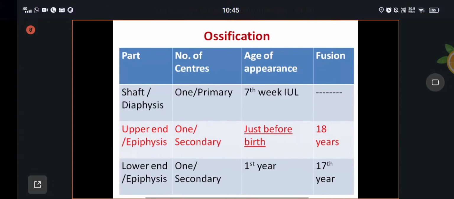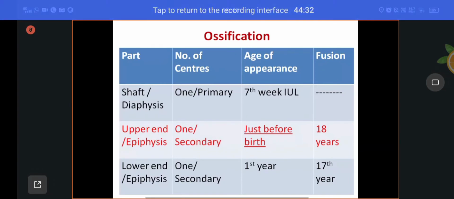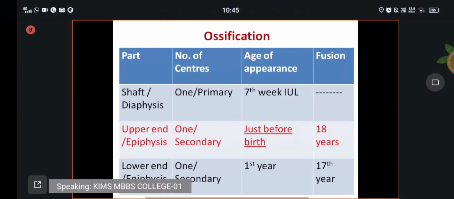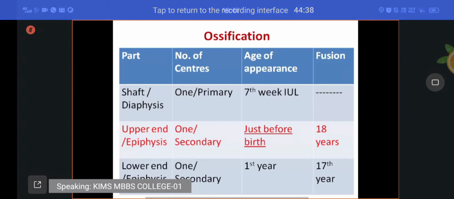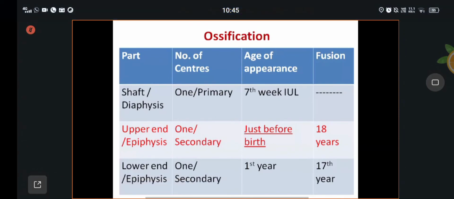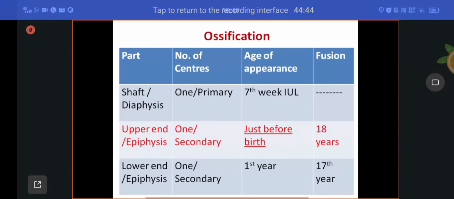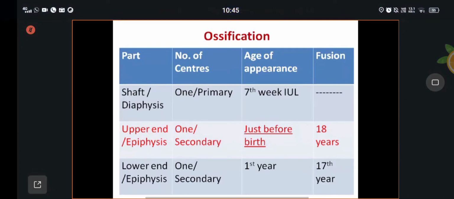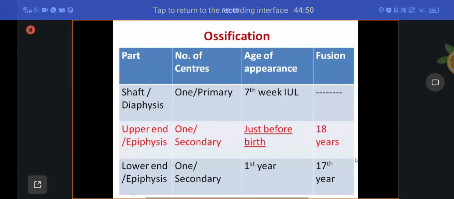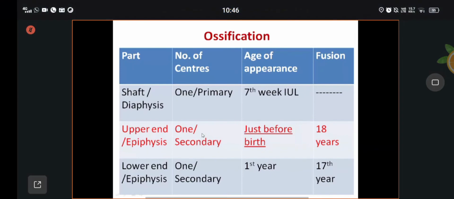If you take the humerus, there is one secondary ossification center for the lesser tubercle, one for the greater tubercle, and one for the head. There are three secondary ossification centers in the upper end. If you take the tibia, only one ossification center, usually. Sometimes additional centers for the tibial tuberosity will be present, but the one is clear.